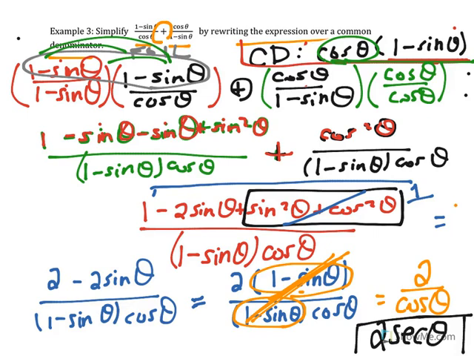Okay? So very first step, figure out your common denominator. Multiply the two denominators that are there. Ask yourself, what does each piece of the equation need in their denominator? And then you multiply both pieces by that. Okay? Then we are going to clean things up.